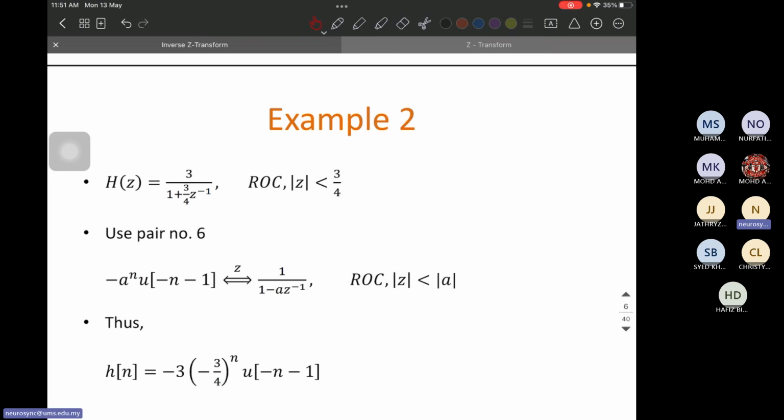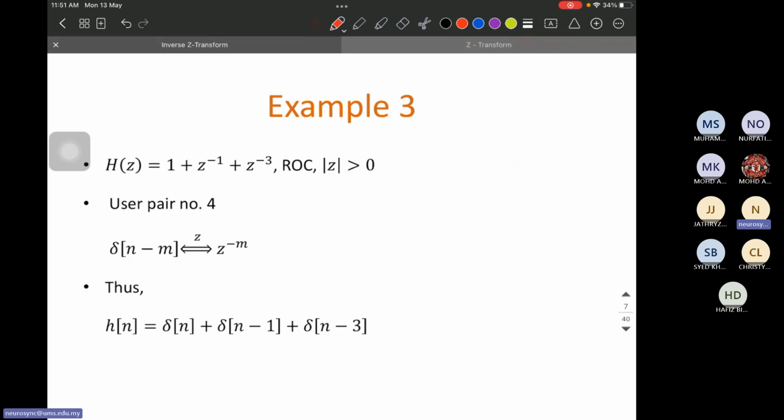If mod of Z is less than A, now we know the Z transform of this is minus a to the power n u of minus n minus 1. Now if we plot this ROC, suppose this is 3 by 4, and mod of z is less than 3 by 4, then this is interior ROC.